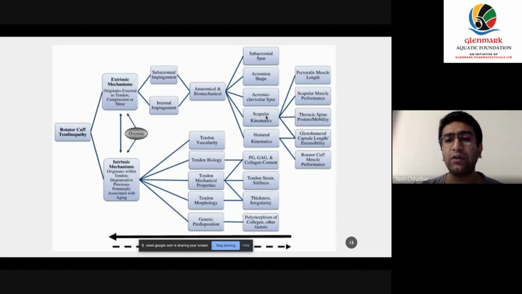And out of those 4 rotator cuff muscles, what has come out of research is that supraspinatus is the muscle which is maximally injured. So ideally, you would think that if your supraspinatus is injured, then that is the main cause, out of all those 4 muscles. No. For you, research says that subscapularis is the key muscle. In the video, you saw that it generates 50% of your internal rotation force.